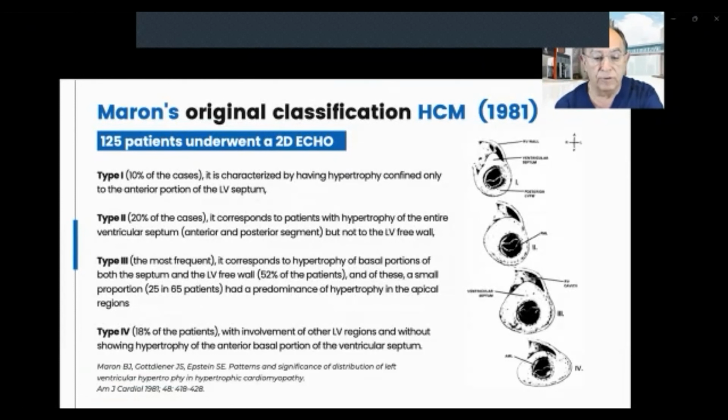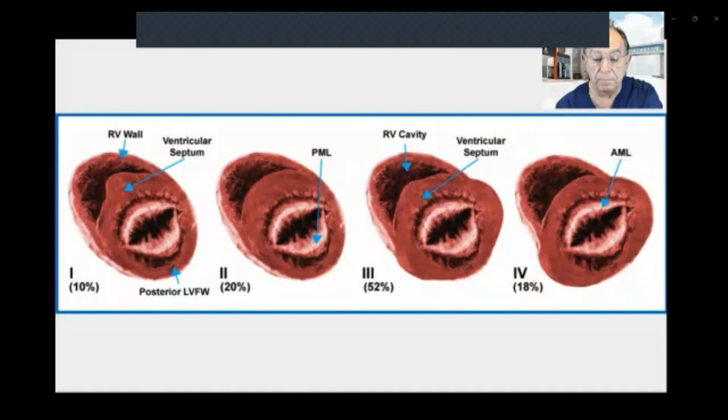The second most frequent is type 2, corresponding to patients with hypertrophy of the anterior and posterior segments of the septal wall, and the least frequent is type 1, 10% of the patients, with hypertrophy confined only to the anterior portion of the septum. And type 4 is in regions other than the basal septal region, probably the posterior or anterior septum.